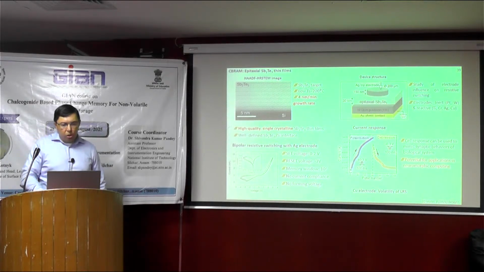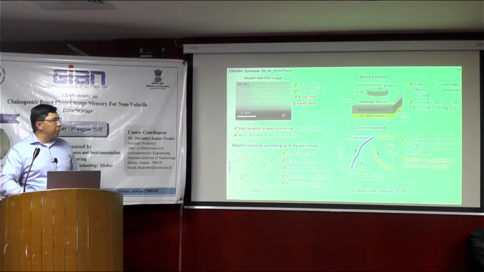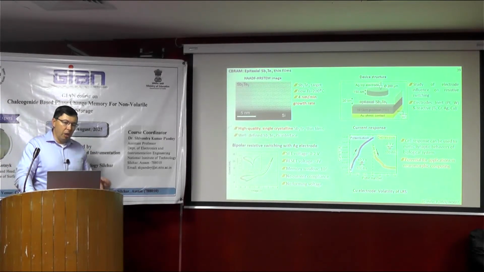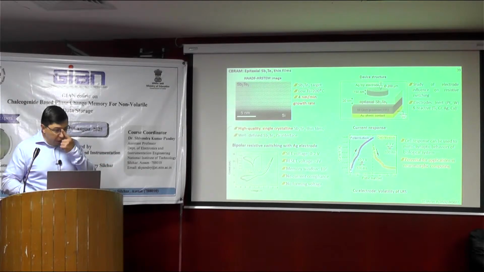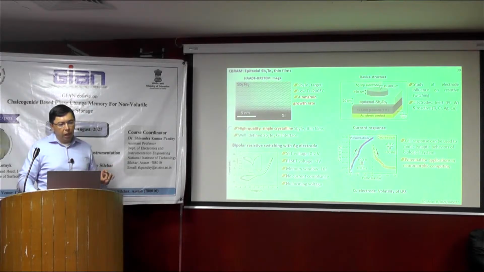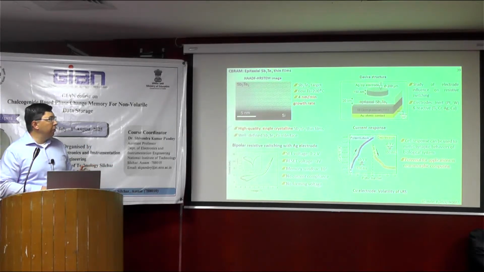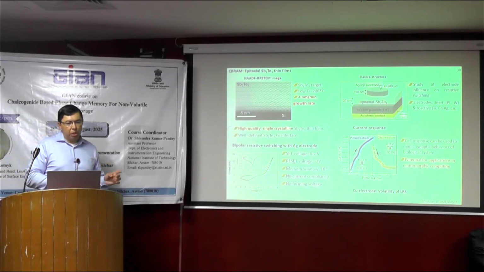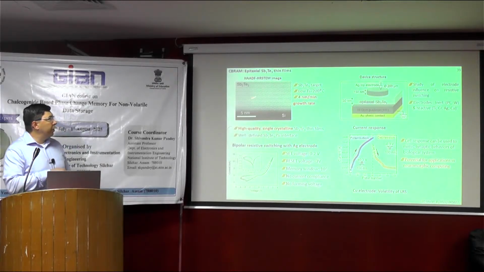If you think about the problem of resistance drift, instead of using amorphous to crystalline phase change, we can use epitaxial thin films. They are fully crystalline, and we also made some tests using them.